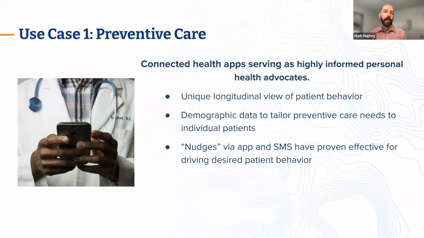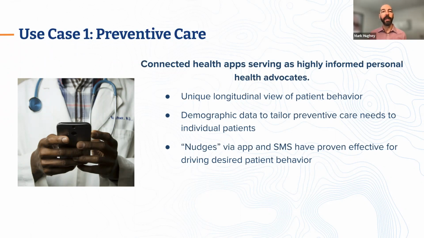The patient access API could provide really a comprehensive view of a user's preventive care needs, because the claims data that would be made available through the API indicates what visits have been billed. It also indicates which ones are still needed.